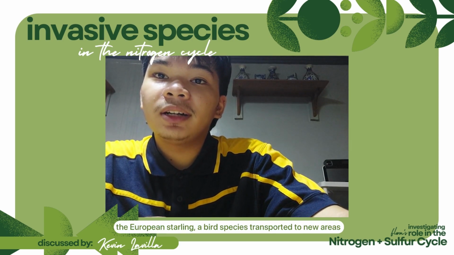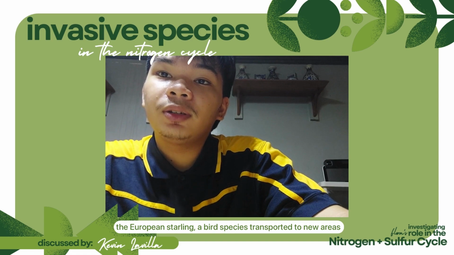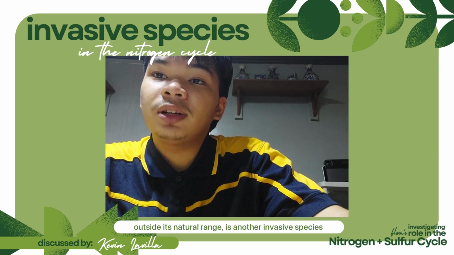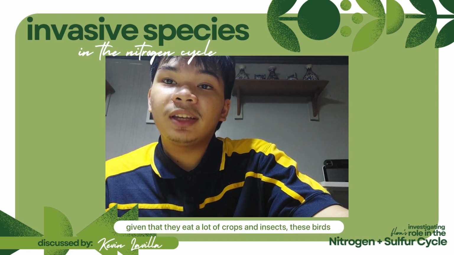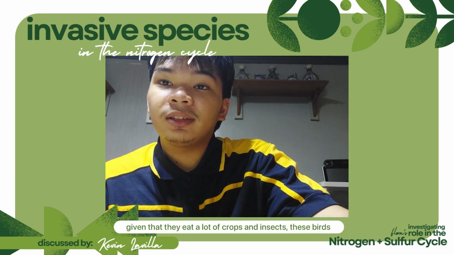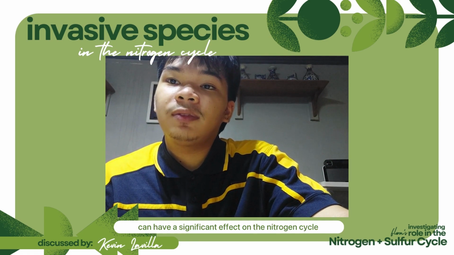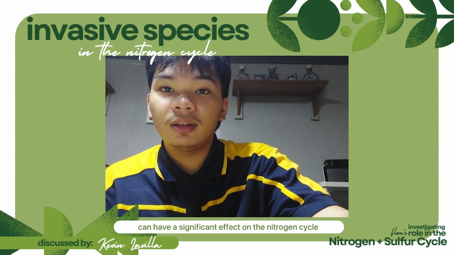The European starling, a bird species transported to new areas outside its natural range, is another invasive species. Given that they eat a lot of crops and insects, these birds can have a significant effect on the nitrogen cycle.